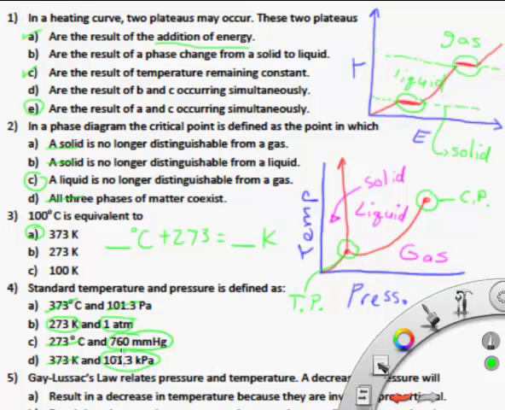So any of those three pressure scales, or that temperature, or 0 degrees Celsius, that would also be acceptable.